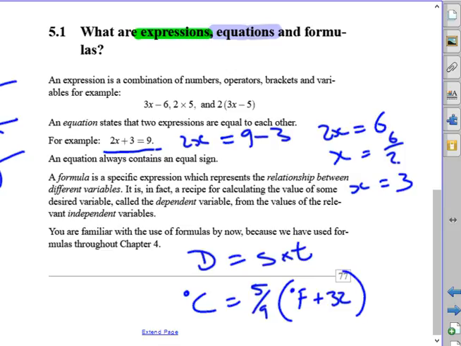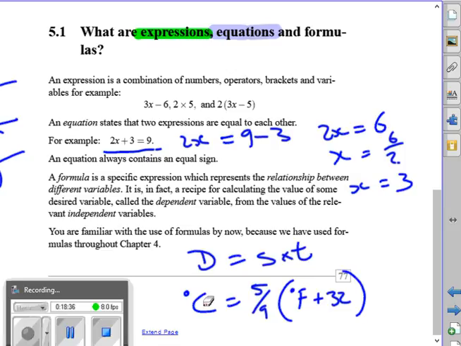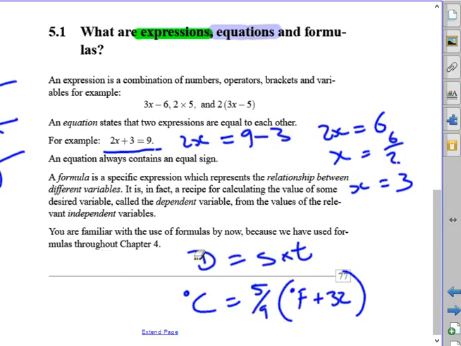So if you're reading a recipe, if you're living in America and you read a recipe which says bake your cake at 180 degrees Celsius, you can replace the degrees Celsius with 180, and you can solve for the degrees Fahrenheit, and vice versa. Okay, if you're getting an American recipe, you do the same. So it's just another example of a formula where in this case there are numbers put in as well. Okay, so they're not always just letters.